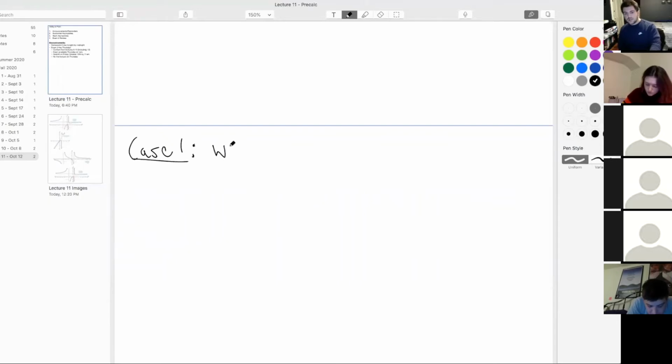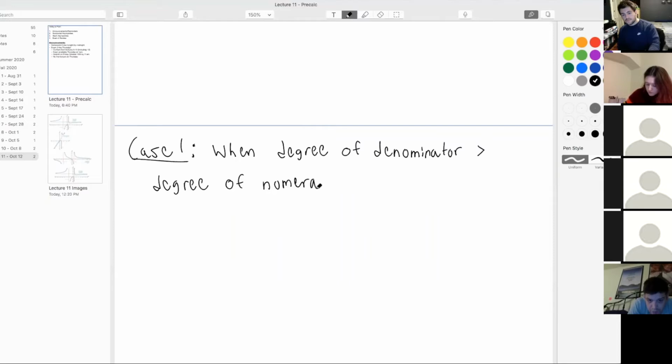Case one is when the degree of the denominator is strictly greater than the degree of the numerator.